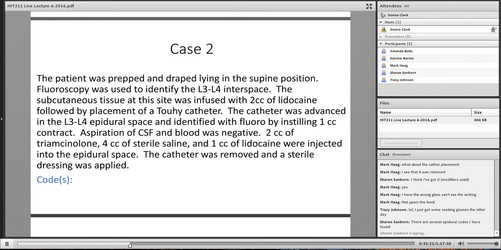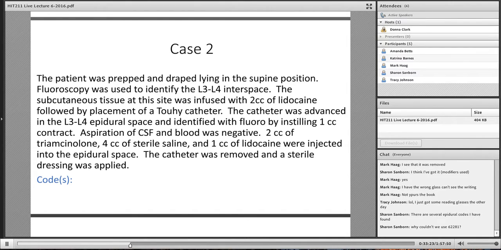All right, we're going to move on to the next case unless, why can we use 622? Let's see. Give me a minute. All right, 62281.